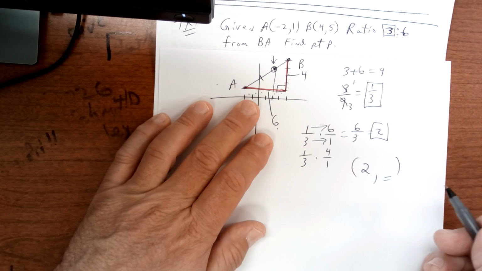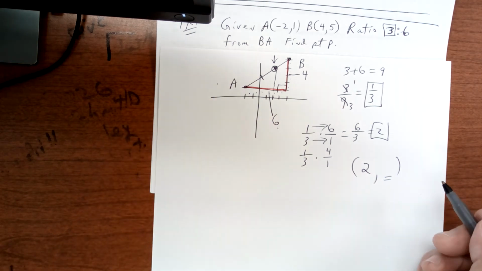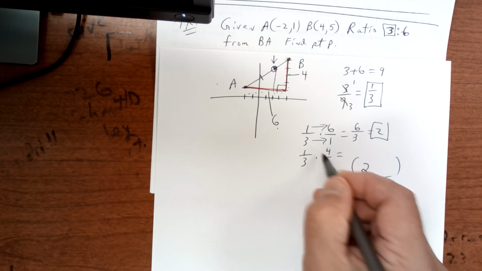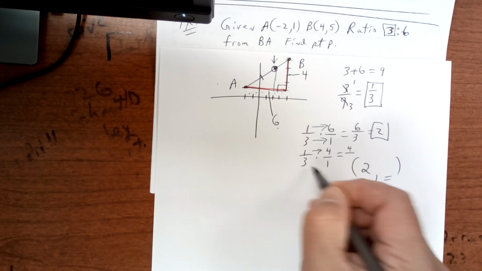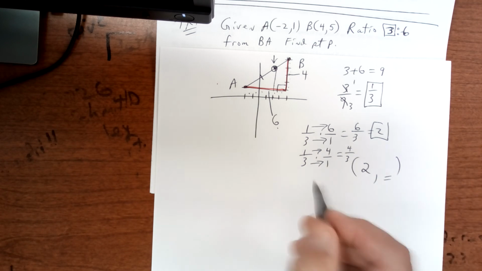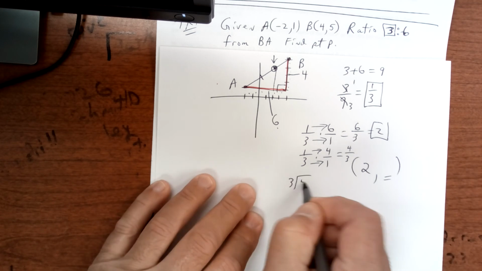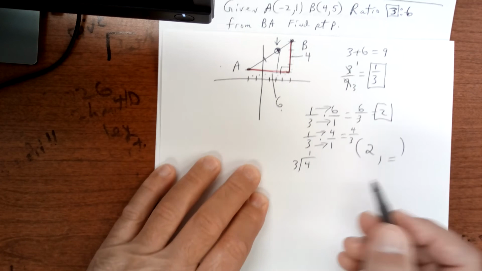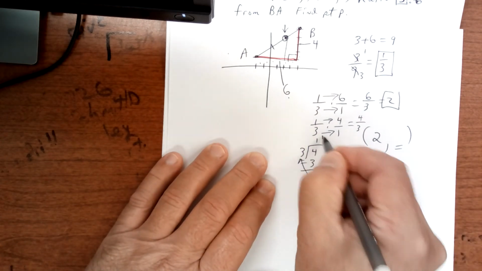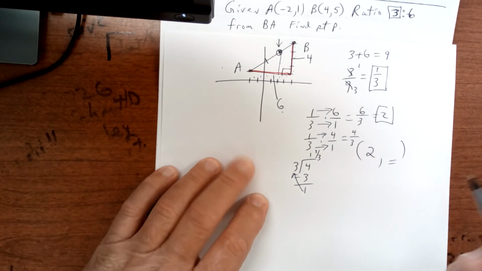Now let's look at the y. The y here, I didn't finish this up. So I'm going to get 4 over 3. That's my y change. So 3 goes into 4 one time, and then 1 times 3 is 3, subtract, put your remainder. So that's 1 and 1/3. Now this gets a little tricky here, so let me think about this.